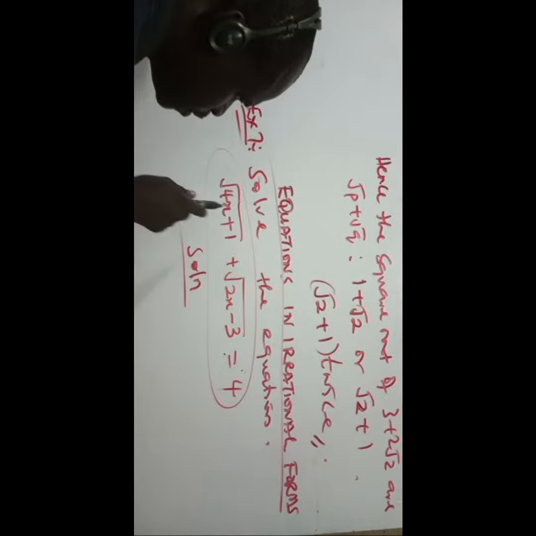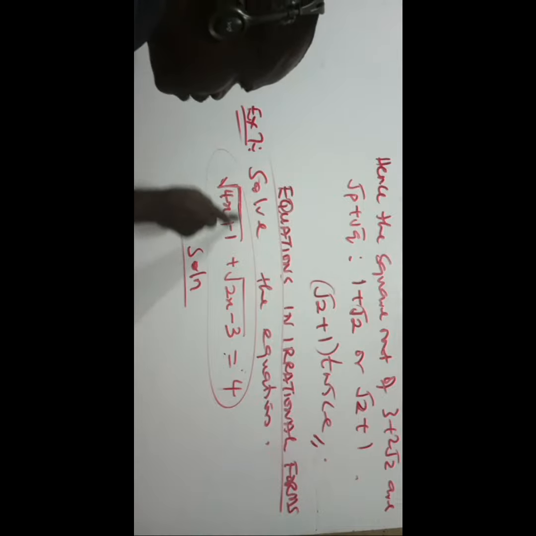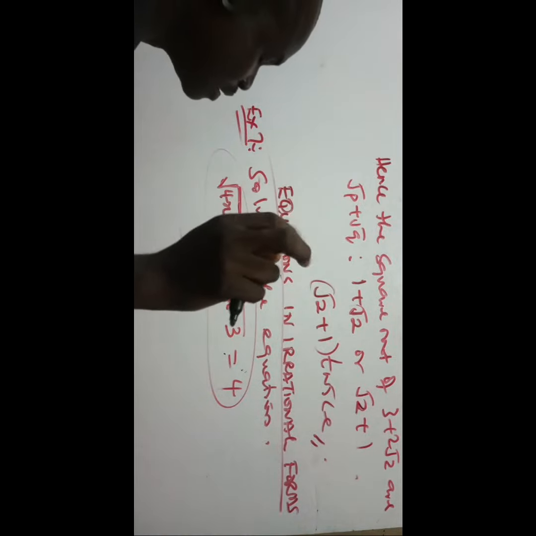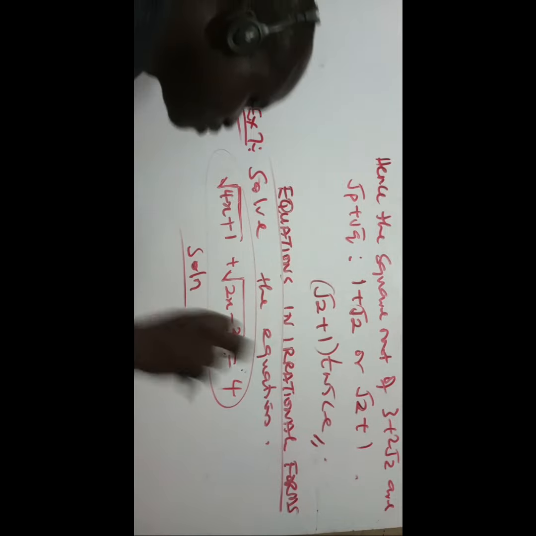For me to be able to solve this problem, I must eradicate this square root. I must remove this square root there. Then what can be done so that this square root can be removed? What first comes to my mind is squaring, because squaring can take care of square root.